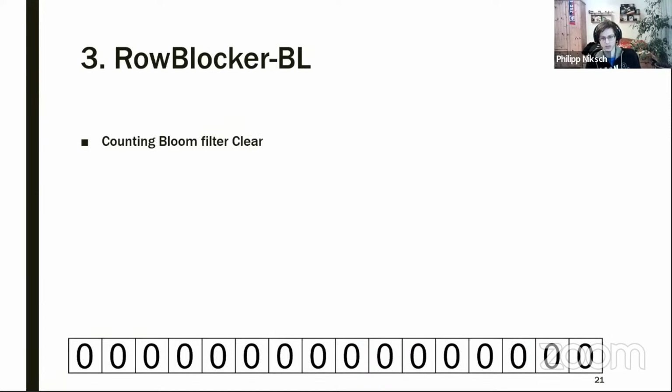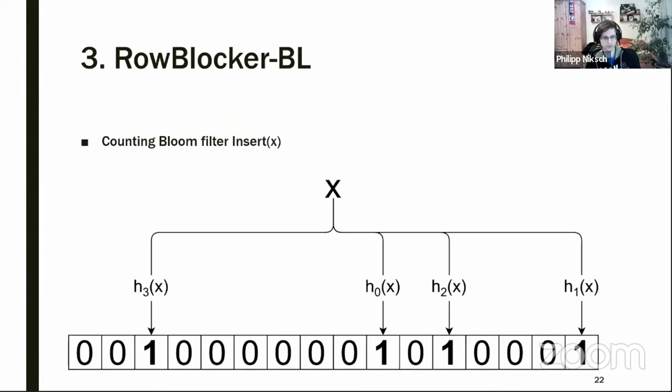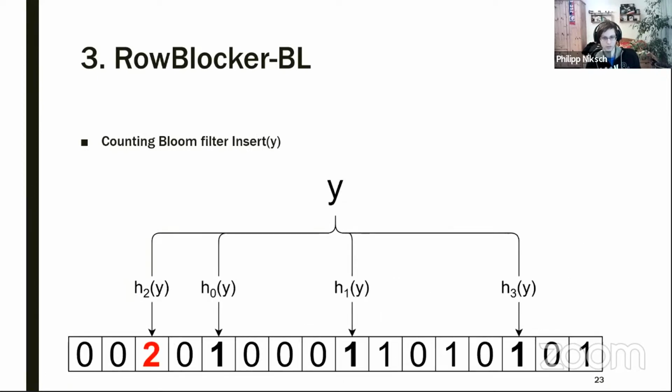Clearing stays the same, just resetting all counters to zeros. And inserting the first element is also uneventful. But inserting the second element will increase all corresponding counters and will produce a 2 in this case. If we insert an element for a second time, it will increase all corresponding counters again.